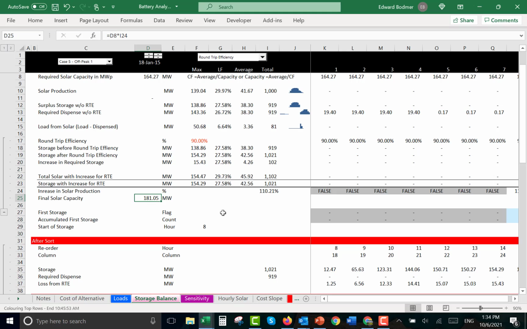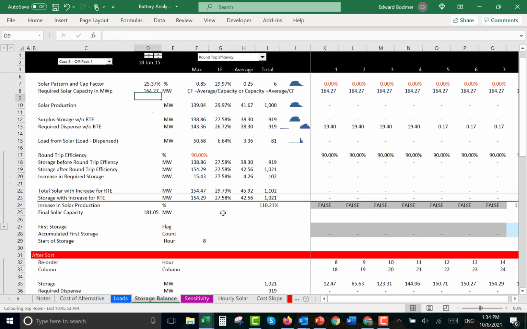It's only the solar power that we use for storage. And once we have this increase in the amount we have, we put in the increased solar power. So instead of needing 164 megawatts, we need 181 megawatts to charge the battery because we're going to have losses.